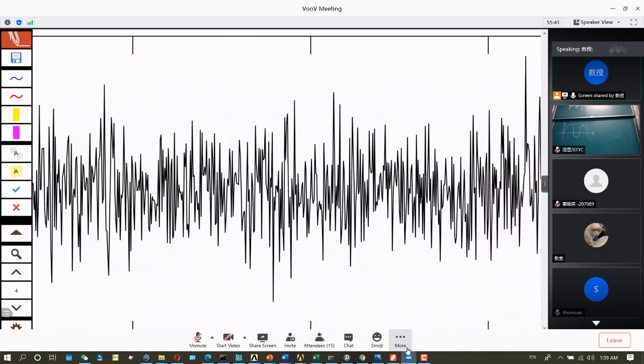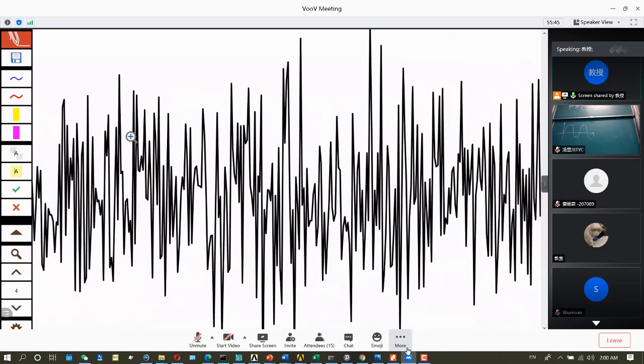Okay, so when you increase, you can see inside the medium frequency. So for example, this could be considered as medium frequency, okay?